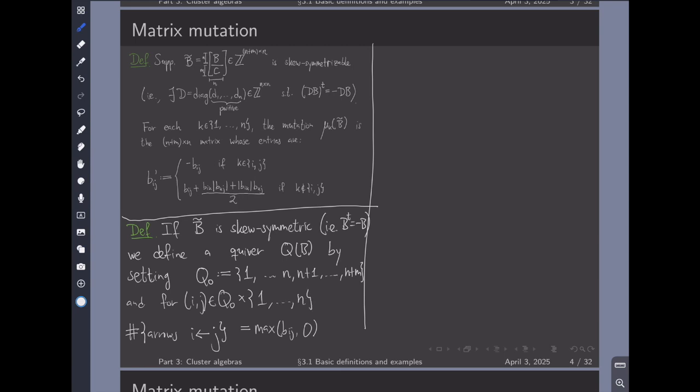Okay, and then now I don't have problems. And you see, in case both i and j are between 1 and n, then this becomes Bij minus Bji.